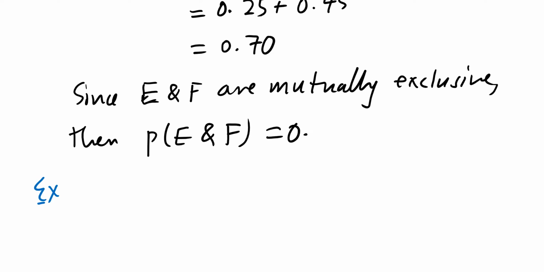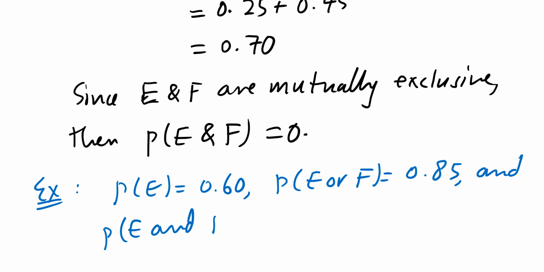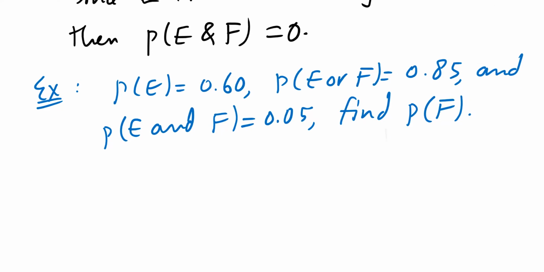Another example: given the probability of E is 0.60, the probability of E or F is 0.85, and the probability of E and F is 0.05, find the probability of F. How do you do this?